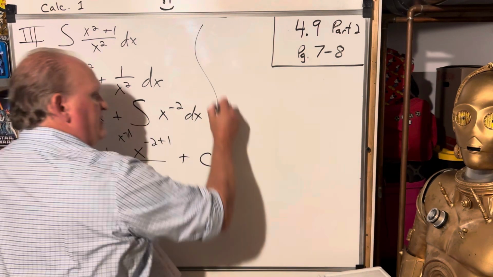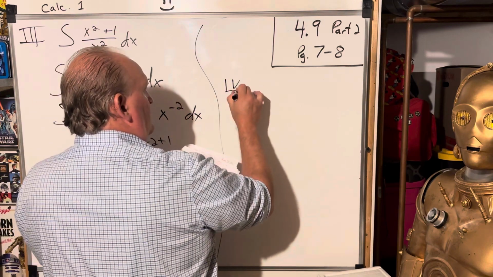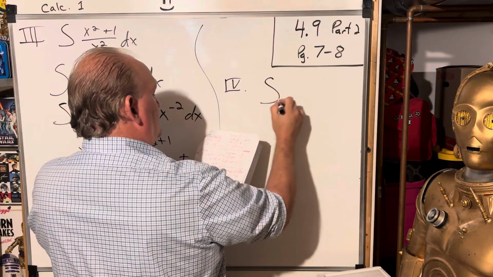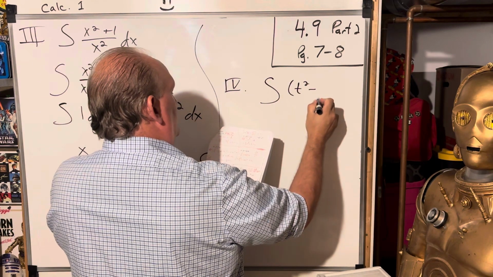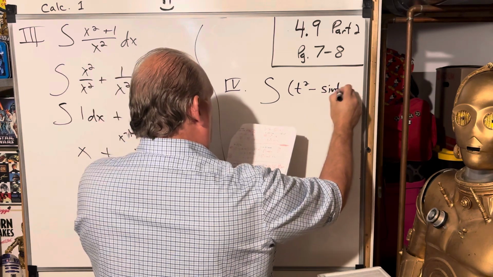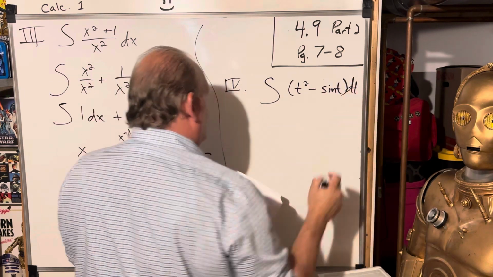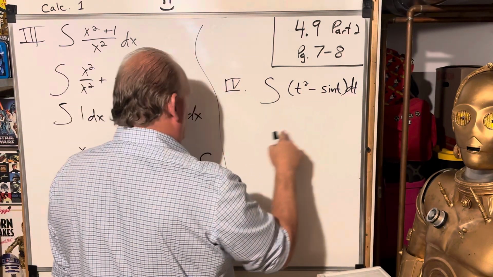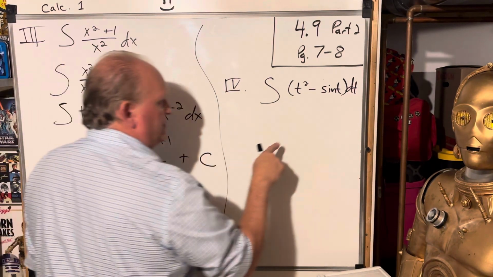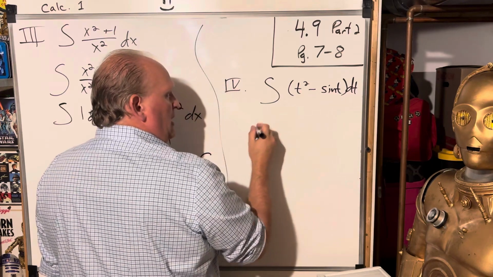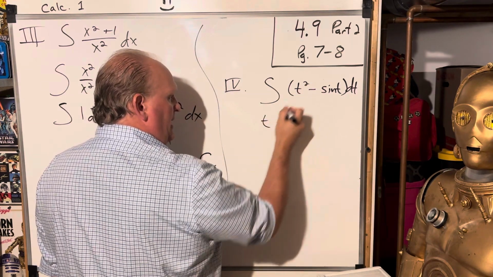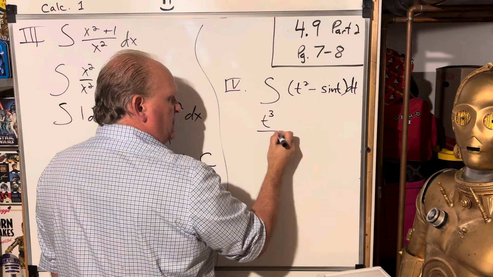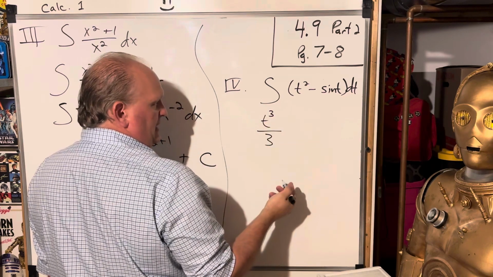Example 4 I can squeeze over here. That is just the integral of t squared minus sine t dt. So again, remember, you're doing the antiderivative. We'll just do each term. You don't have to rewrite it out, you can just do it term by term. So add 1 to that, that's 3. Divide by whatever the power is, that's 3.